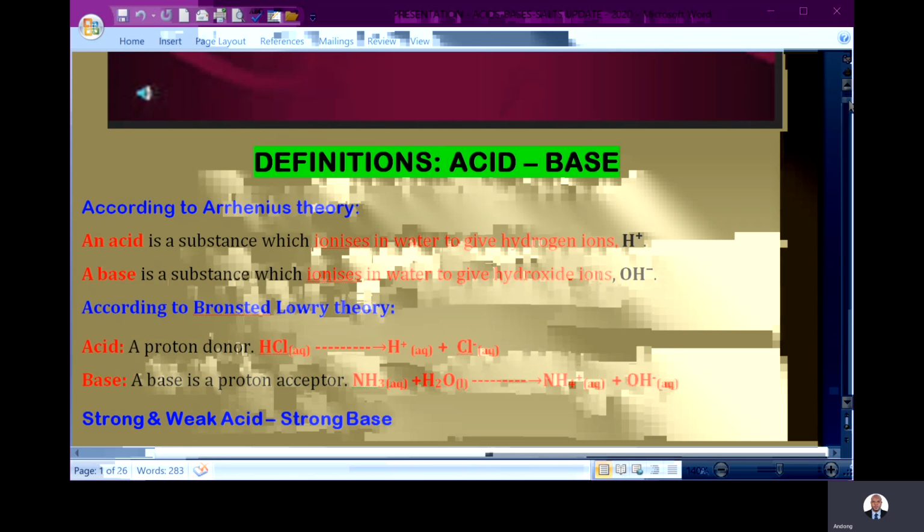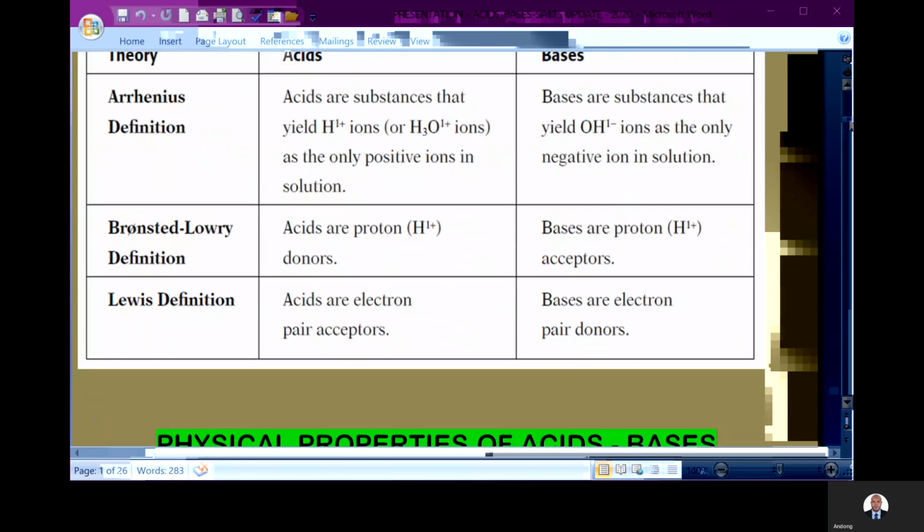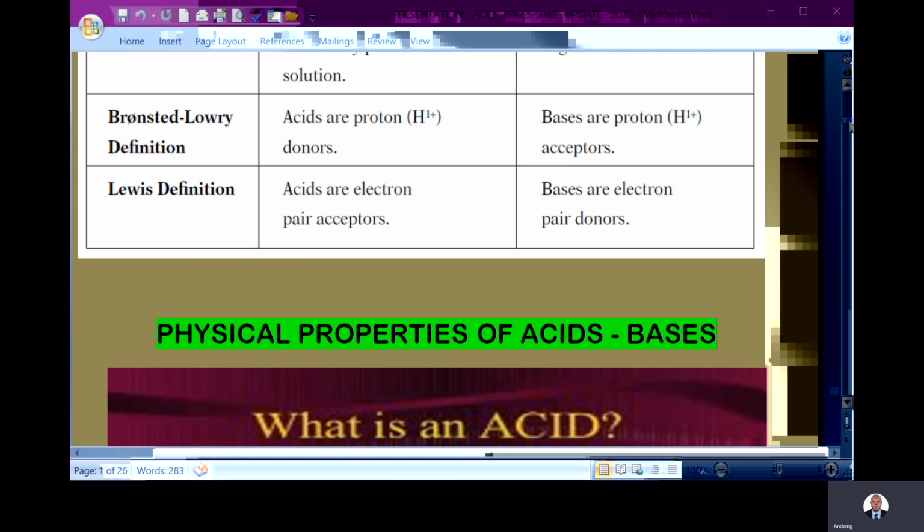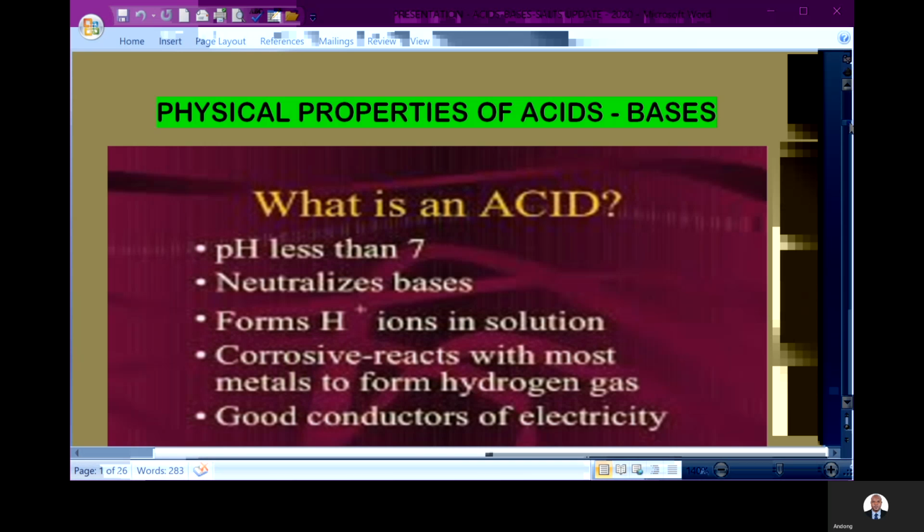Acids have different characteristics. Their characteristics vary. One, acids have a pH less than 7.